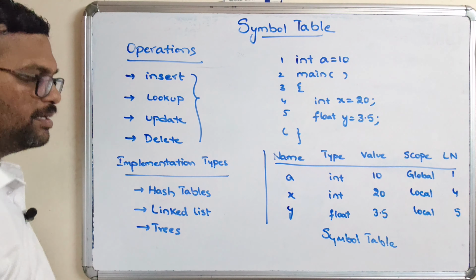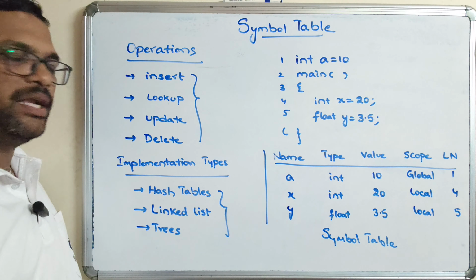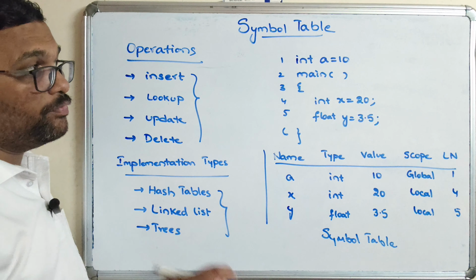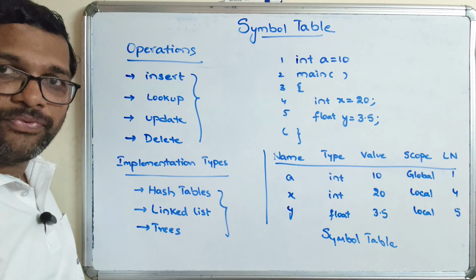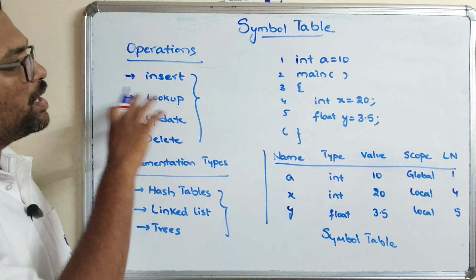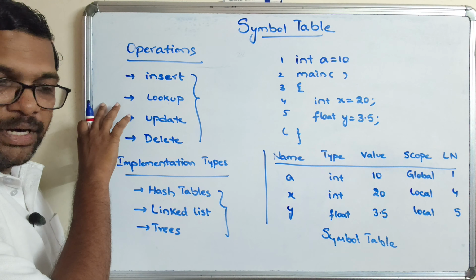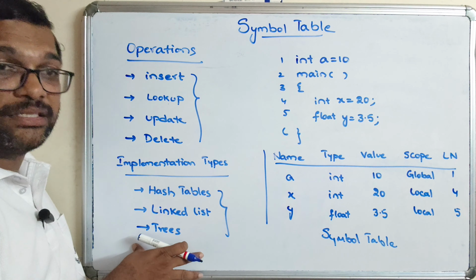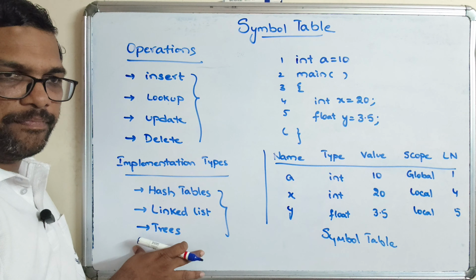In these three ways the symbol table can be implemented. So we have seen the entries of a symbol table with an example, the operations that can be performed on it, and the different data structures that can implement it.